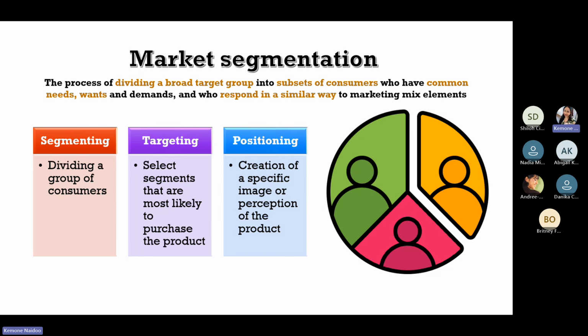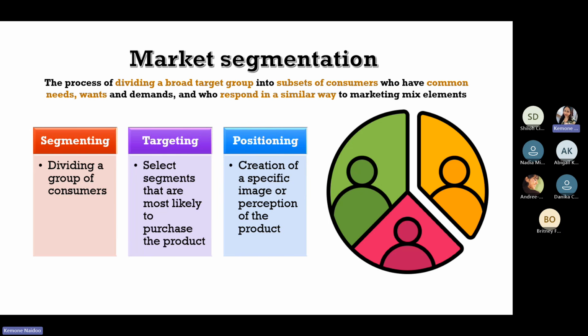And this allows us to target our marketing strategies on these groups of people. So instead of looking at a mass market and trying to satisfy everyone on a mass scale, which some businesses do prefer to do, market segmentation groups people with similar characteristics and similar needs, so it's easier for us to target them.